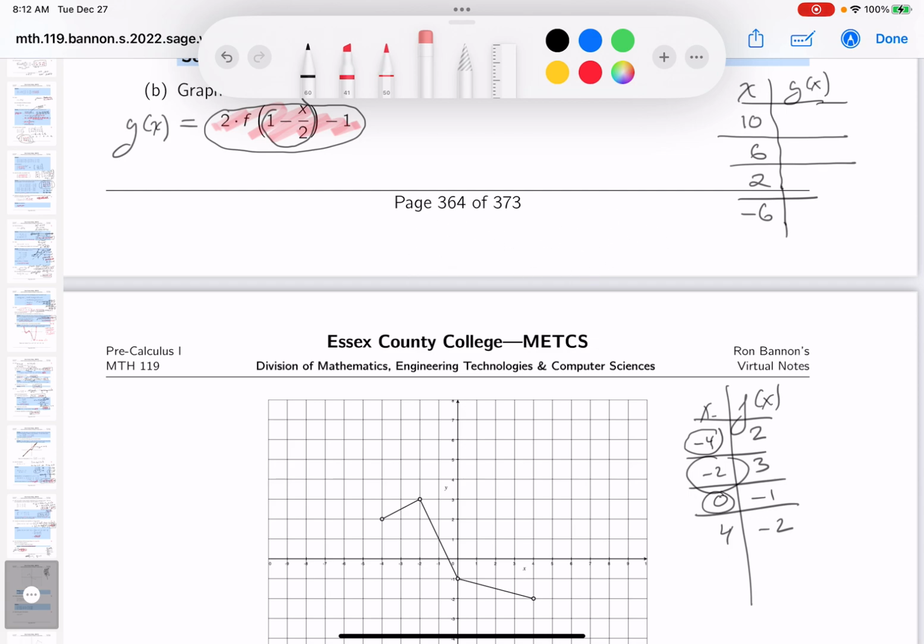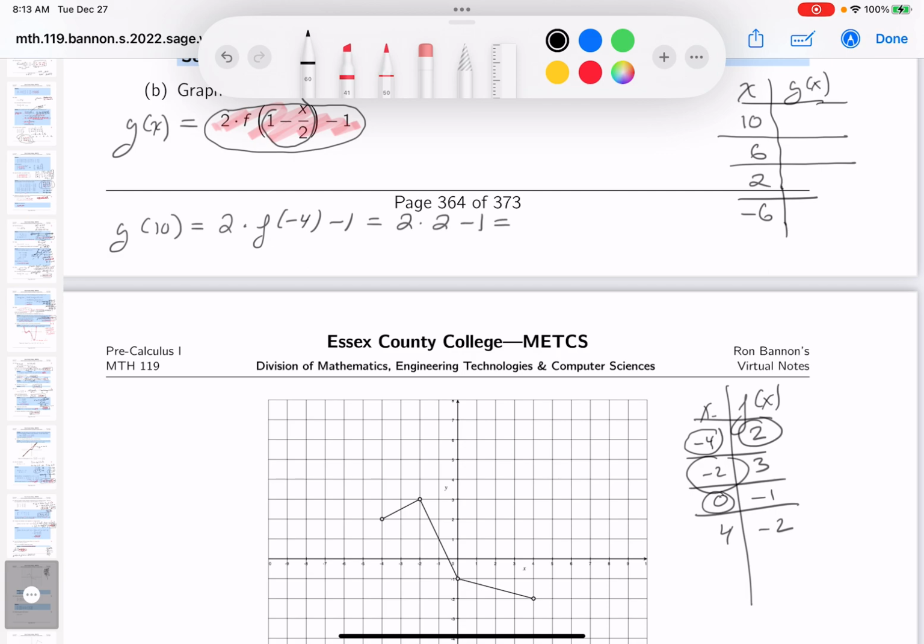All right? So let's take a look at evaluating these points on the graph. Let's do g of 10 now, one point at a time. You get 2 times f of, well, 10 would give you 1 minus 5, which is -4. Well, I think I can do that. And the reason I know what f of -4 is, it's actually 2.